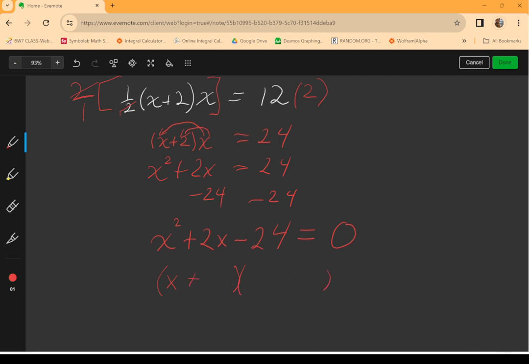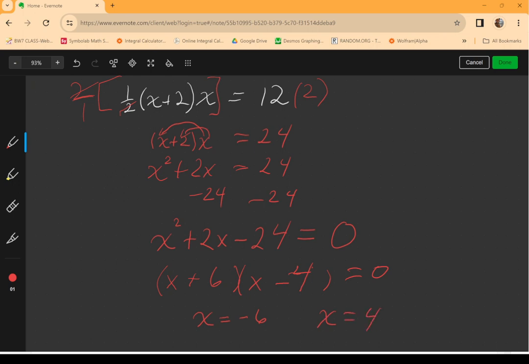I think 6 and negative 4 work. Set equal to 0, that means I have two solutions: x equals negative 6, and x equals 4.